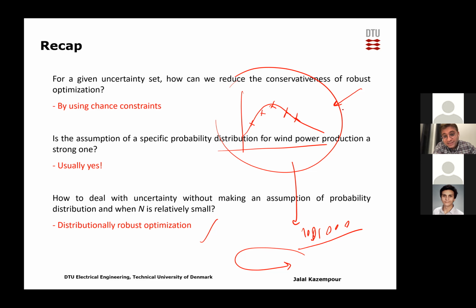I didn't say what you wrote. Am I clear, Lars? Maybe I said something wrongly, but I corrected it. If epsilon is equal to 0, it's the same as robust optimization. It's always feasible for any point of the probability distribution. Good.